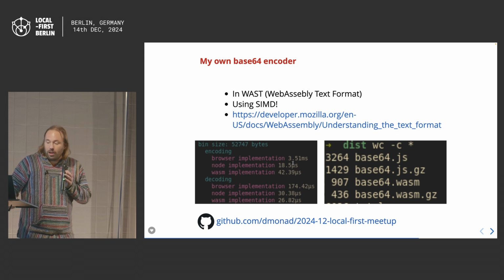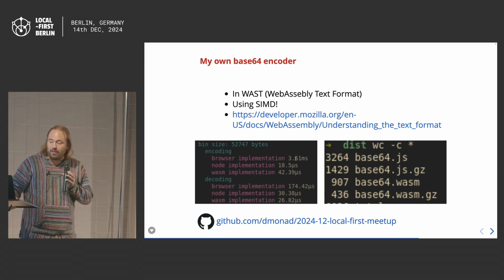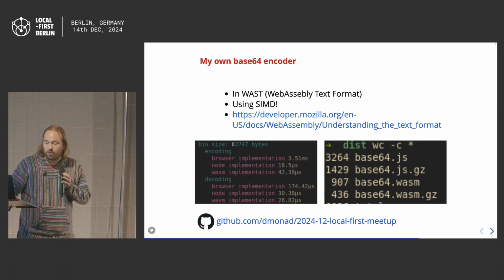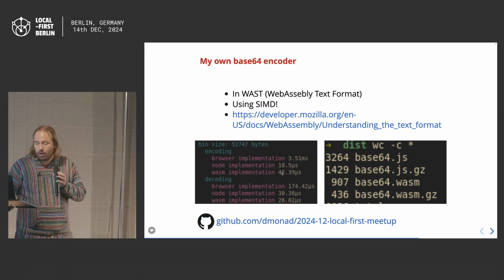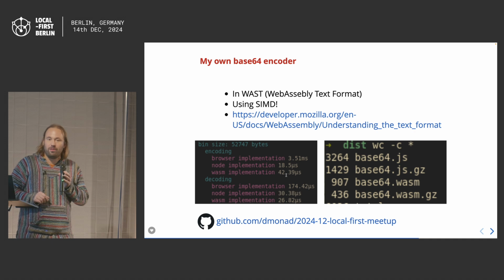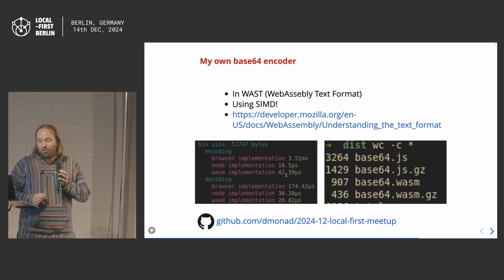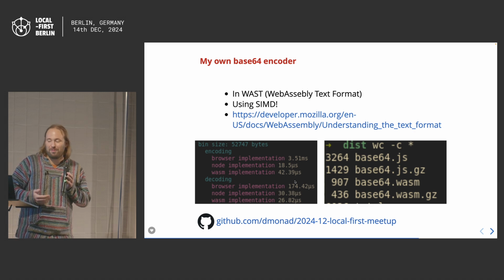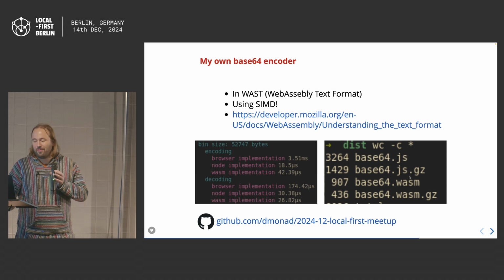The browser implementation for encoding takes 4 milliseconds to encode a 52 kilobyte document. In my Wasm implementation, it only takes 42 microseconds. It's quite an improvement, but also who cares? It's only 100 times faster. It's microseconds versus milliseconds, who cares? I still think it's impressive from some perspective, but I don't know.